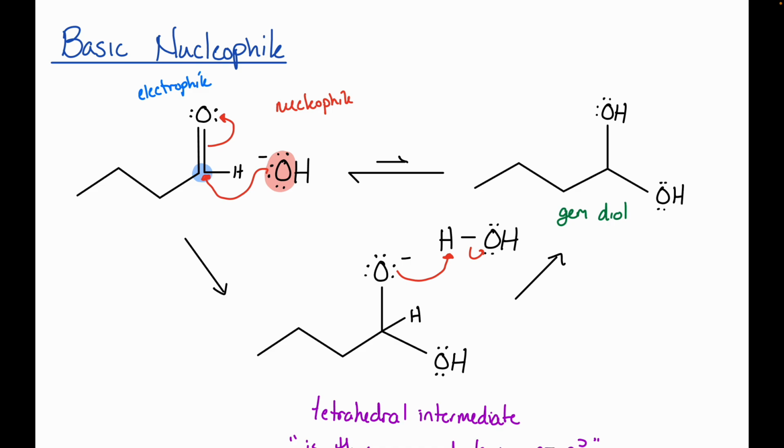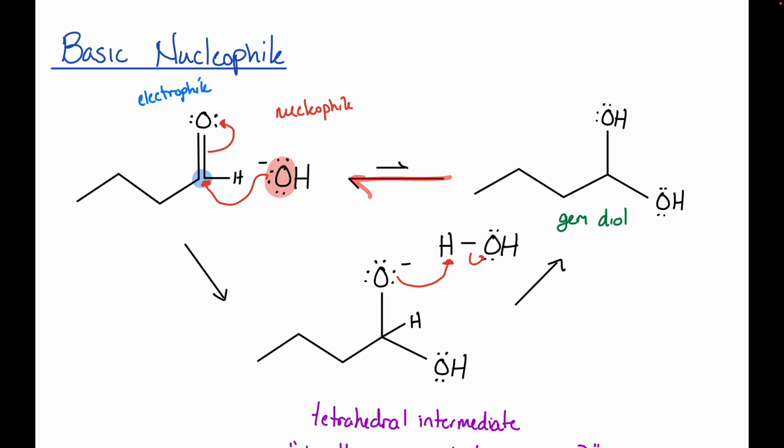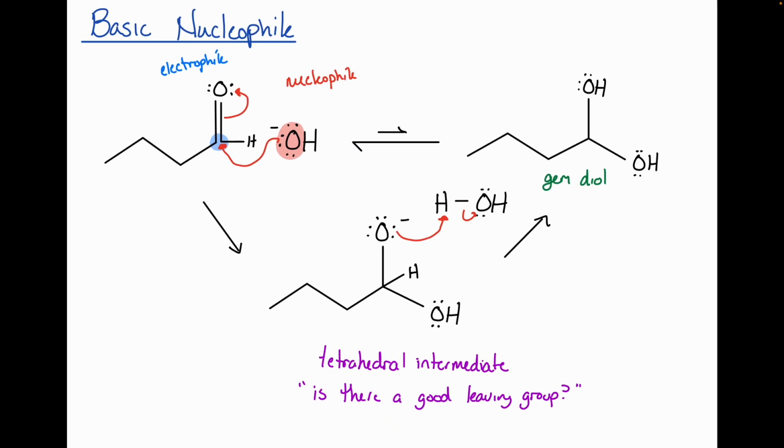That's not to say that we can ignore it entirely because this reaction is always taking place, but we will note that our equilibrium does lie in favor of our aldehyde or ketone, except for the very tiniest aldehyde like formaldehyde. For the most part, these equilibria again lie in favor of your aldehyde or ketone, but nonetheless, these reactions still occur.